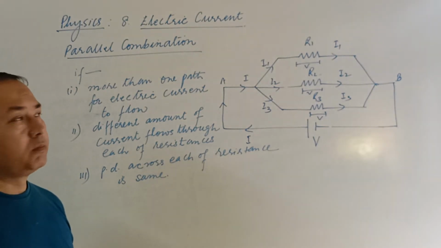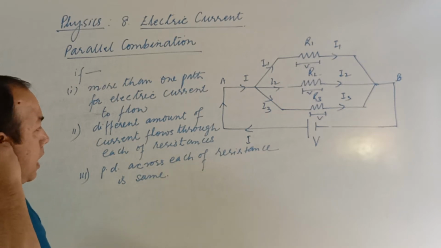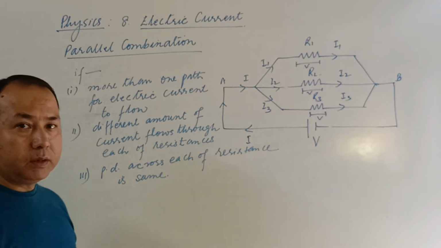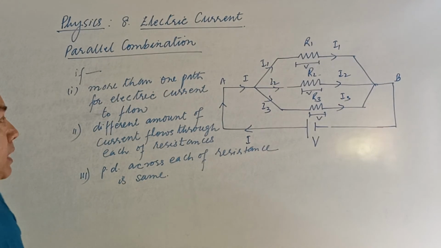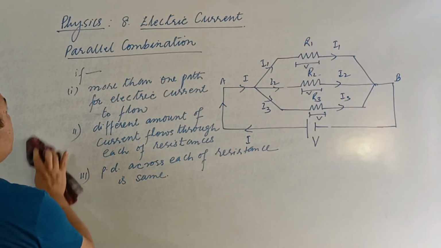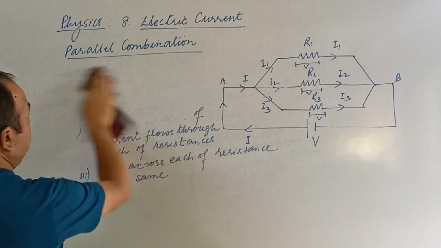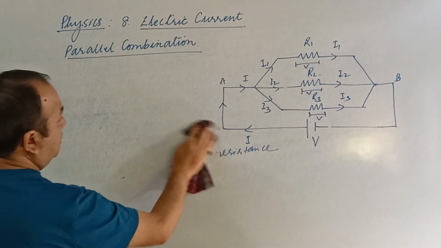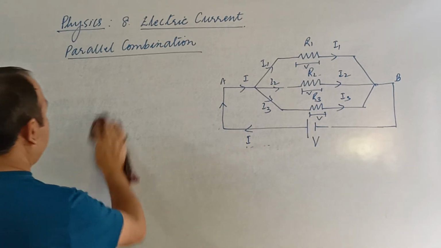Now after this, we'll try to derive the mathematical expression for the equivalent resistance of parallel combination.